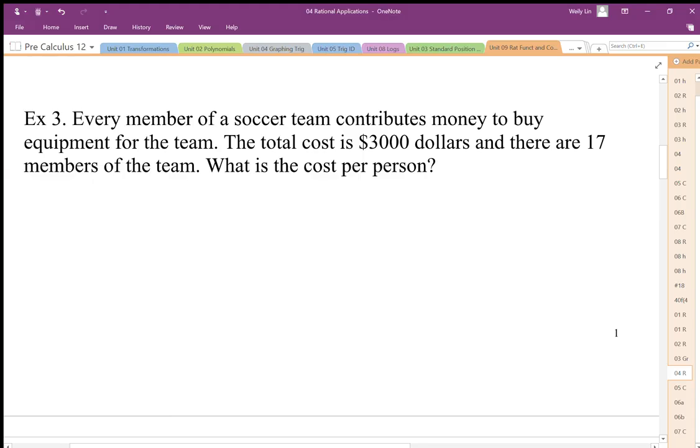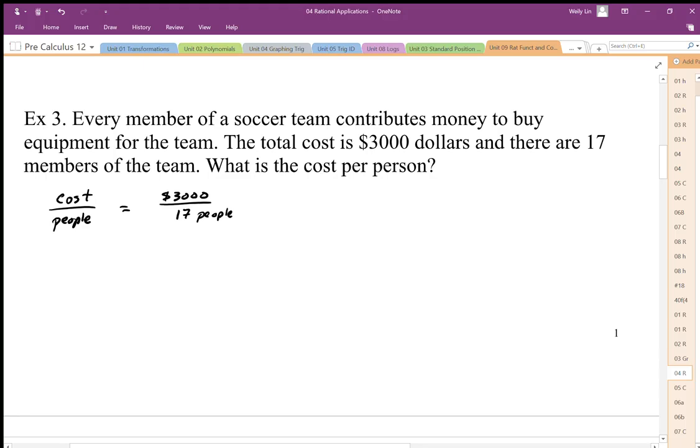So what is the cost per person? The cost per person is going to be cost compared to people. And so the cost per person in this case is going to be a $3,000 total cost over 17 members on the team.